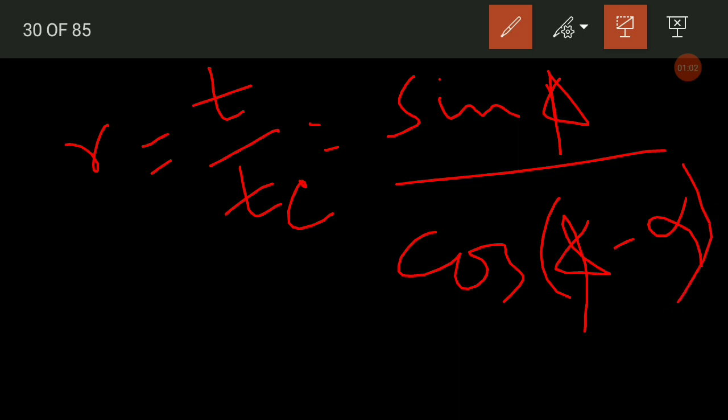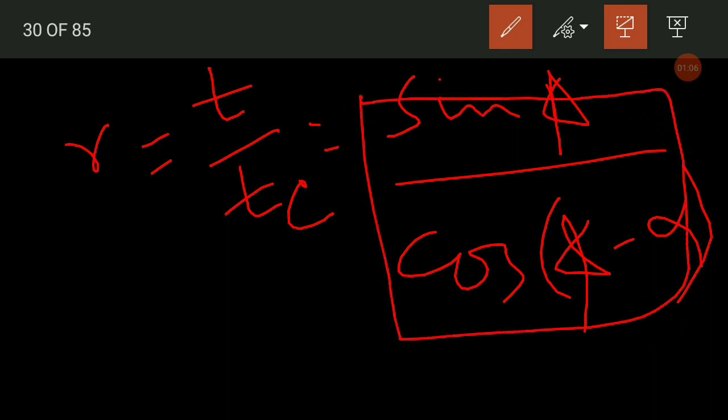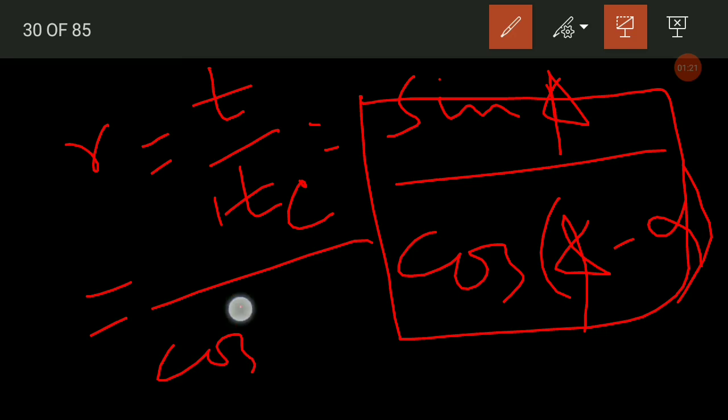Now if you consider this one, by simplifying you will get sin phi by cos of phi minus alpha can be written as 1 by cot phi cos alpha plus sin alpha.